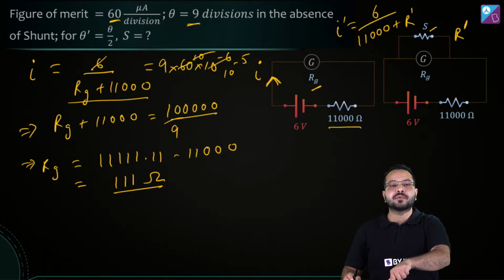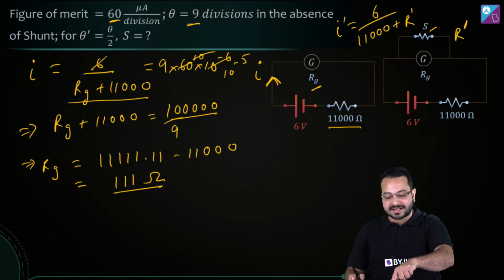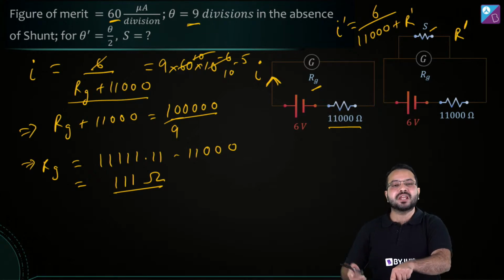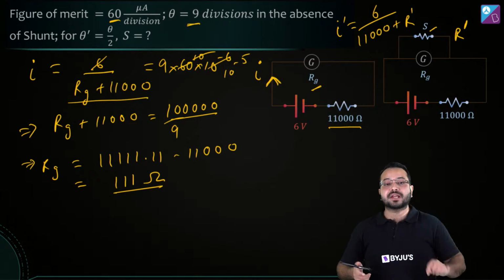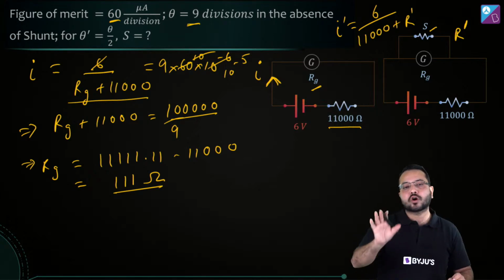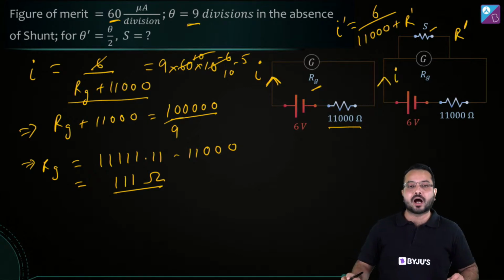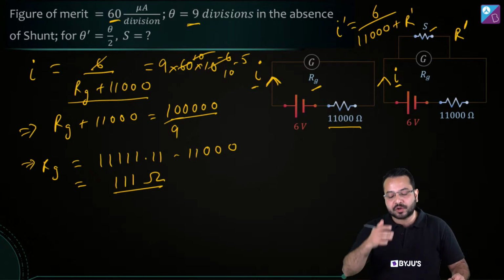Again, this R prime is going to be very small compared to 11,000. If you connect S and Rg in parallel, the equivalent resistance is going to be smaller than Rg, so it makes no difference to the current. The current here is still going to be I.